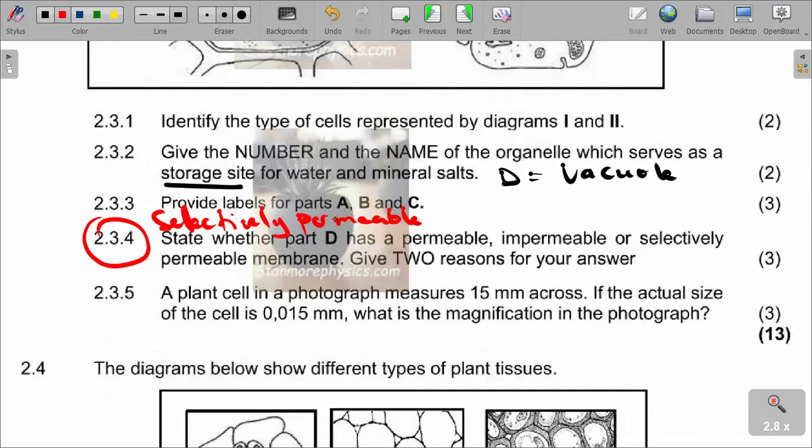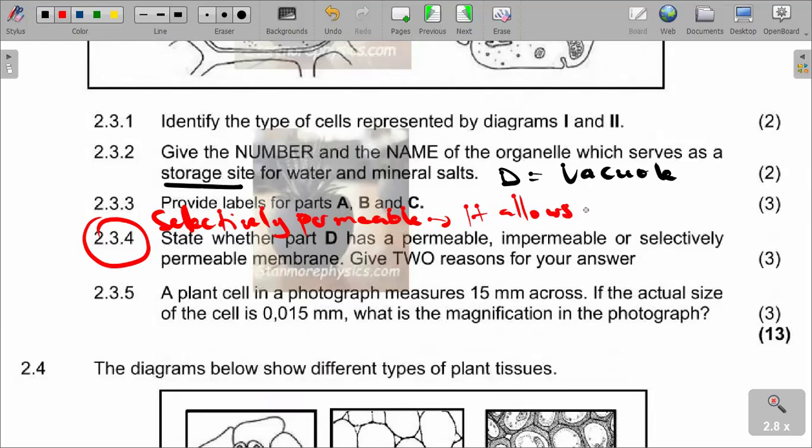It is selectively permeable, which I want you to understand that it actually allows water and mineral salts to pass through, and of course prevents large molecules from entering.